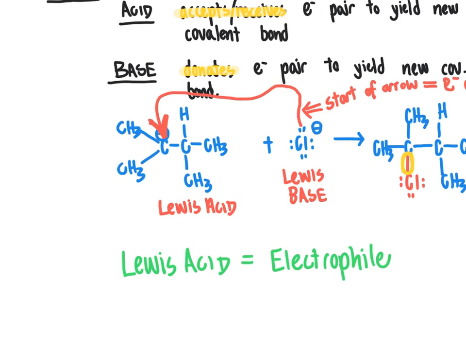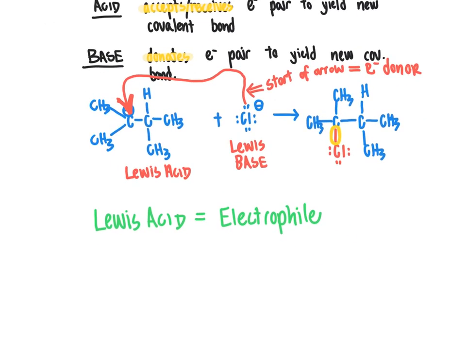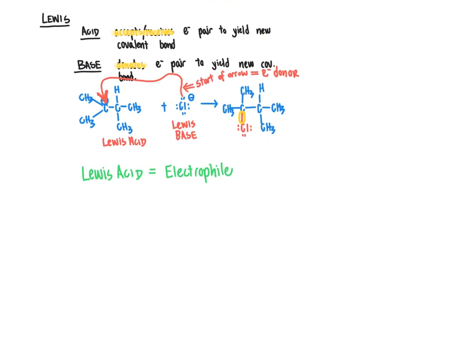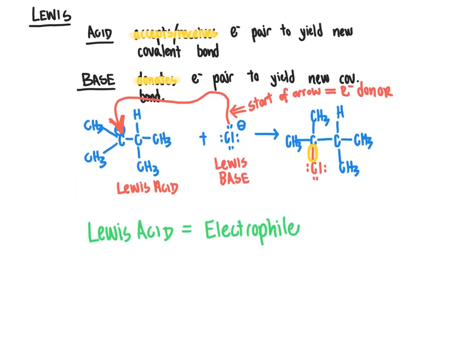And on the flip side, we define our Lewis base as a so-called nucleophile. So our Lewis base is defined as our nucleophile. Just as in the term electrophile, where phile meant love, here phile again means love, and nucleo means that the Lewis base loves the nucleus.